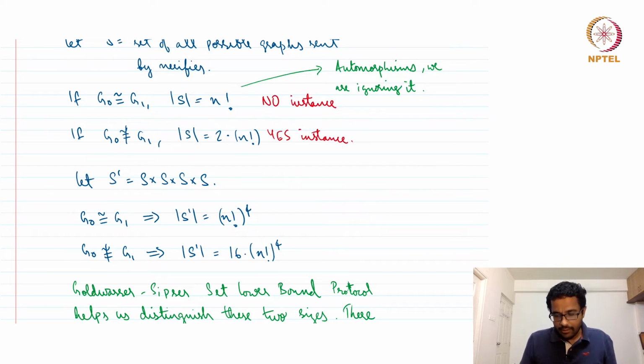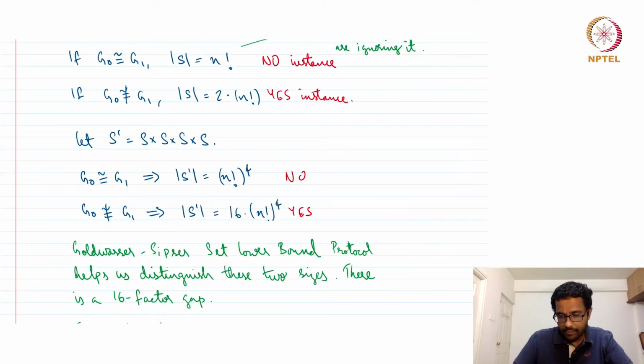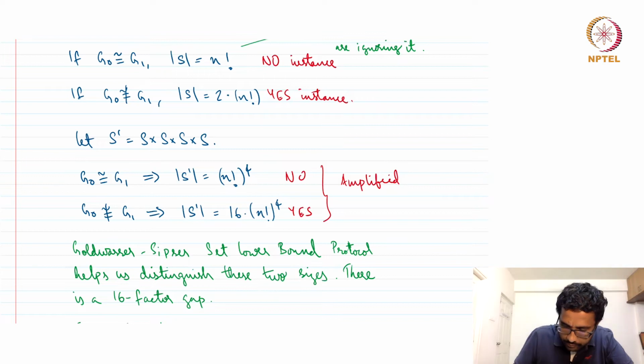So this is a no instance and this is a yes instance. It's just the fourth power of the previous answers. By taking the fourth power we have amplified the gap from 2 to 16.